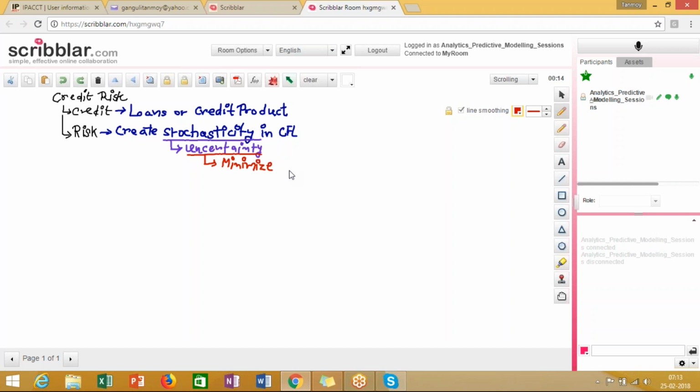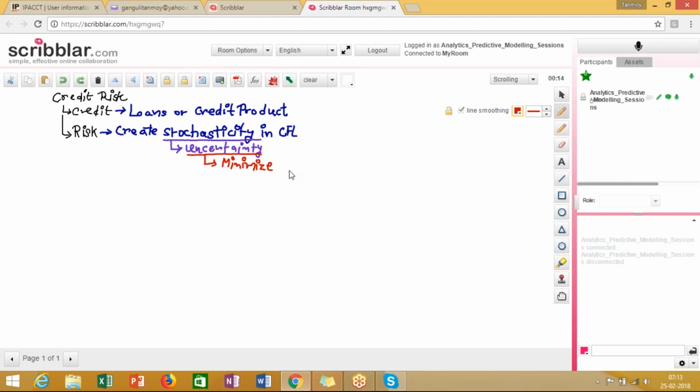Now, to understand this, we need to understand the functions that a bank plays in an economy, right? We are aware of it at a theoretical level, though, but over here I would be talking about it from a more business perspective, right?